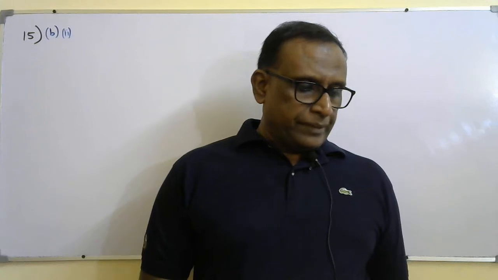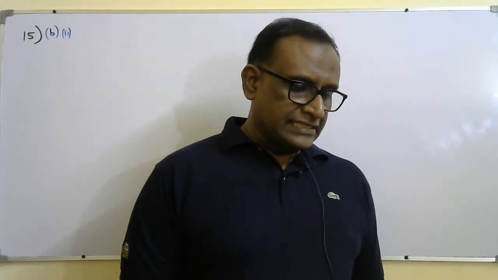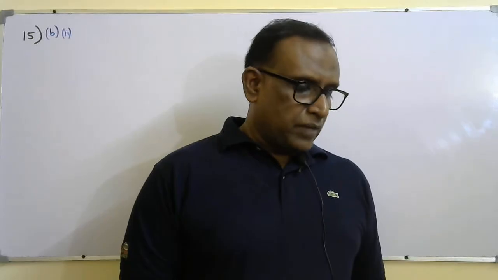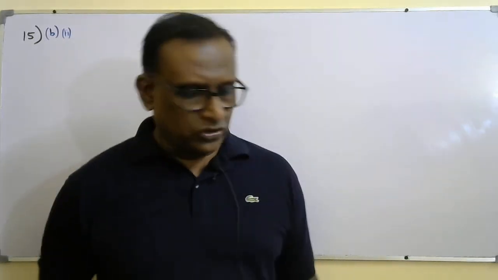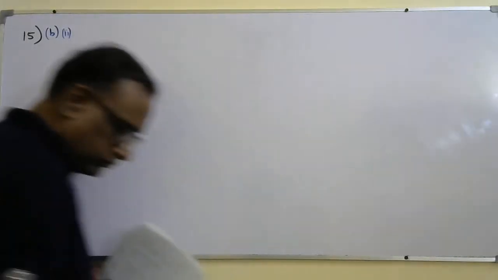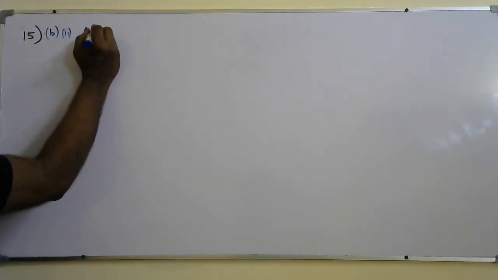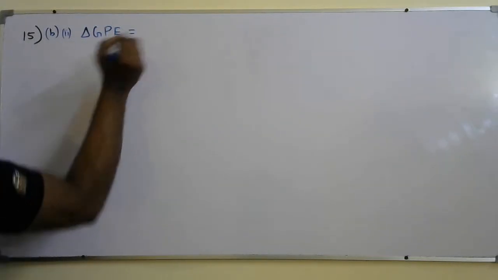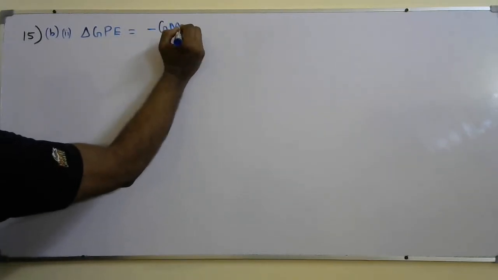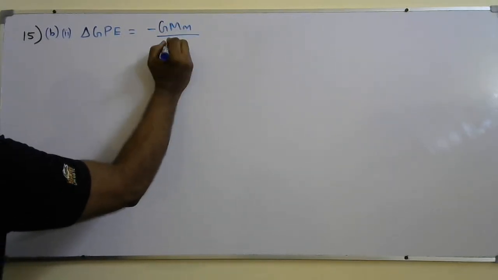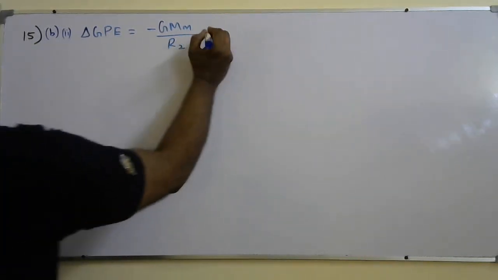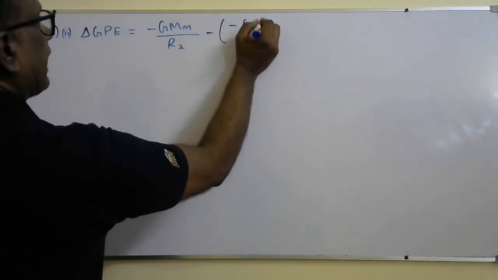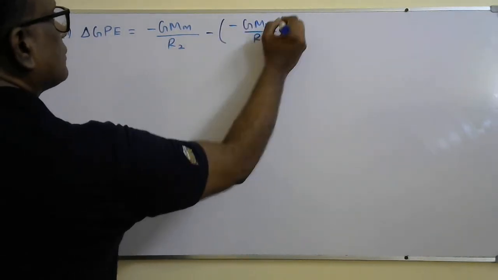Question number 15, B part, second part. Calculate the change in gravitational potential energy of the satellite. Mass of the Earth is given, radius of the Earth is given, mass of the satellite is given. So change in GPE, we have to find it. Delta GPE equals minus GMm over R2, we'll substitute R2, minus minus GMm over R1.